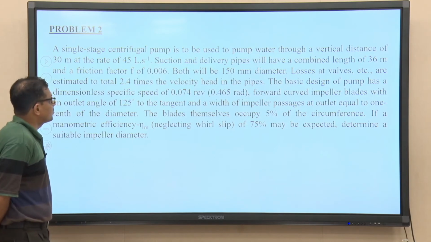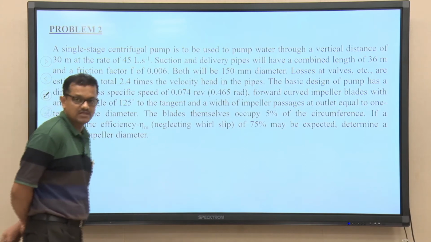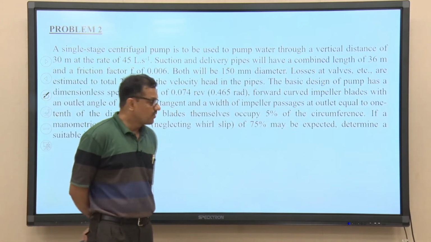Suction and delivery pipes will have a combined length of 36 meter and a friction factor f of 0.006 that we have to consider while solving the problem.